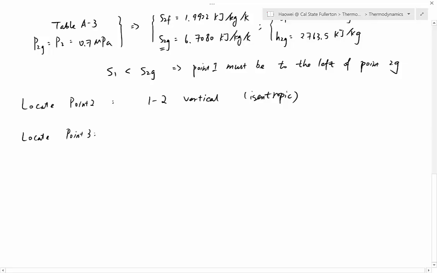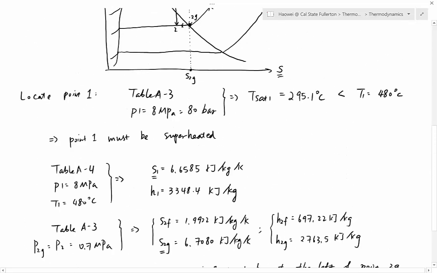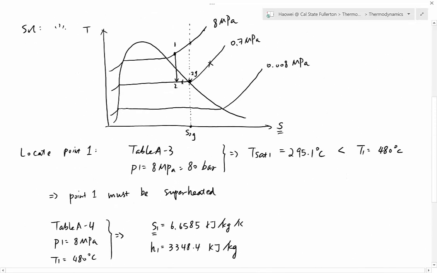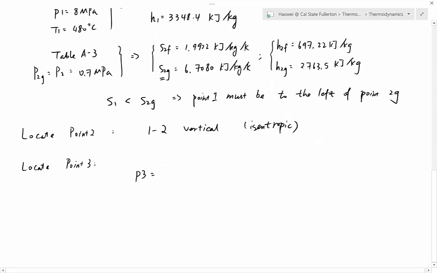We know pressure P3. 2 to 3 is on the constant pressure line. P3 is equal to P2, which is 0.7 megapascal, and that is 7 bar. If you start from pressure, you go to table A3. And from here, we can find a corresponding saturated temperature. So we call it Tsat3.